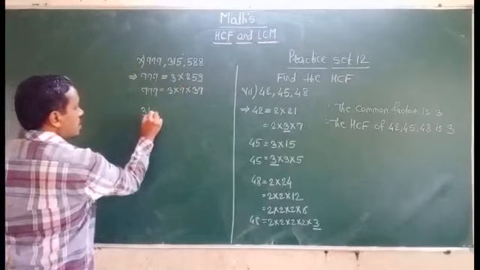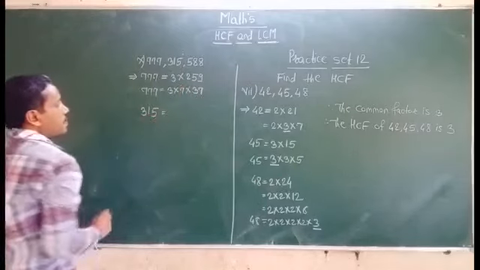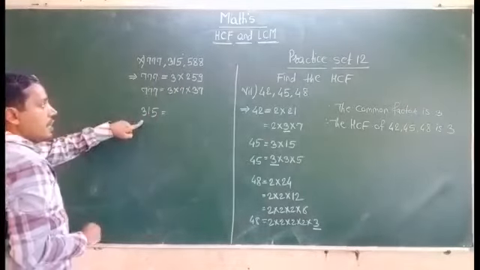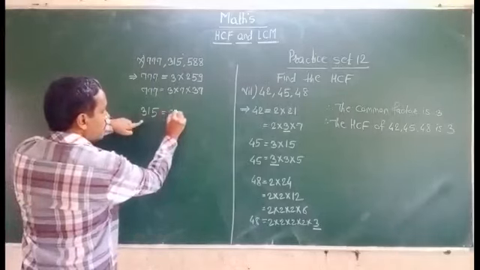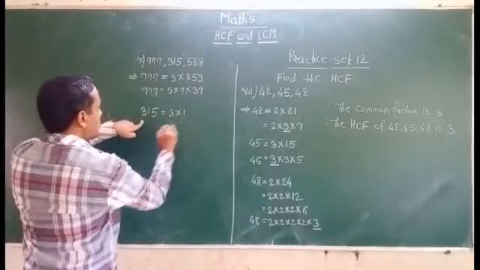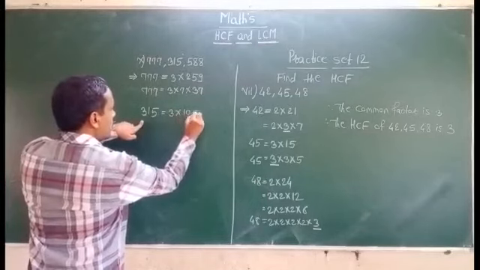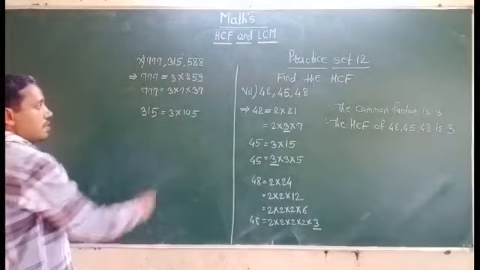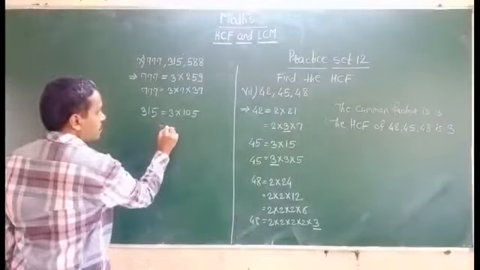Next is 315. 315 is divided by 3, and we get 105.